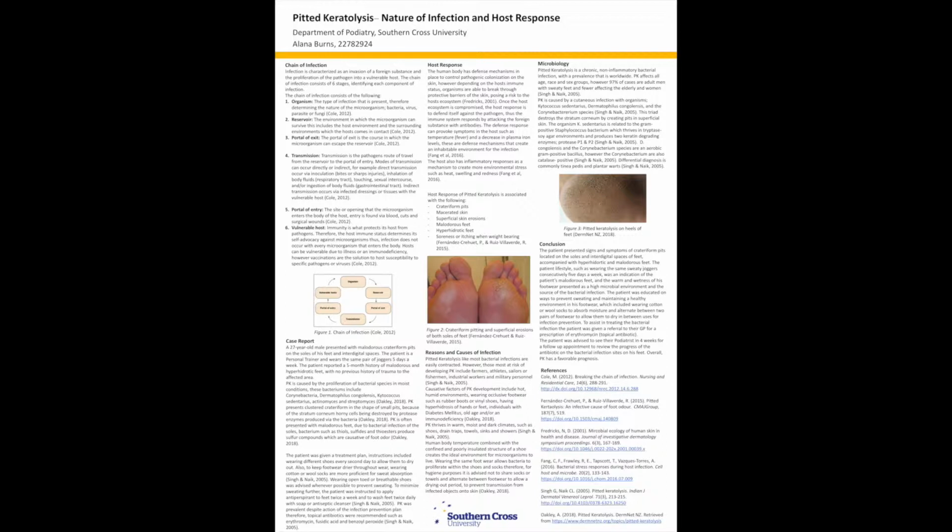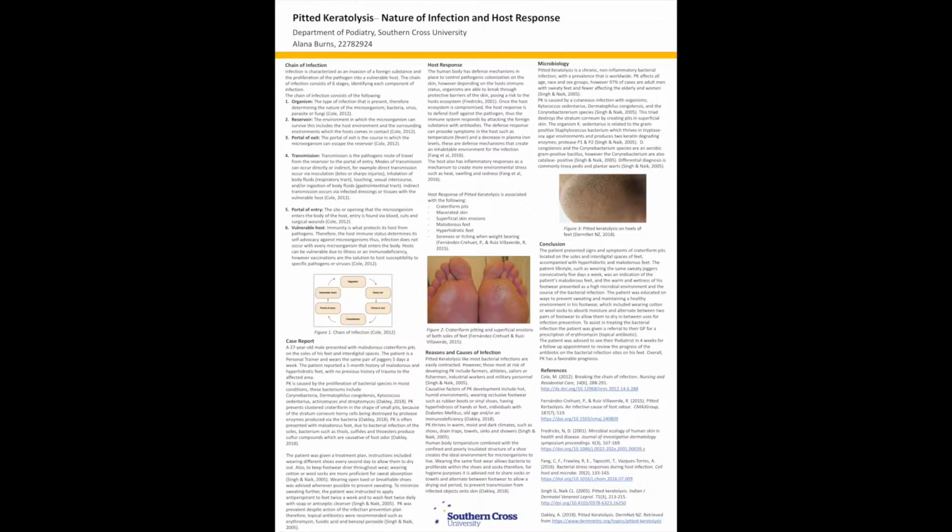Causative factors of pitted keratolysis development include hot, humid environments, wearing occlusive footwear, such as rubber boots or vinyl shoes, having hyperhidrosis of hands or feet, individuals with diabetes, old age, and/or an immunodeficiency.